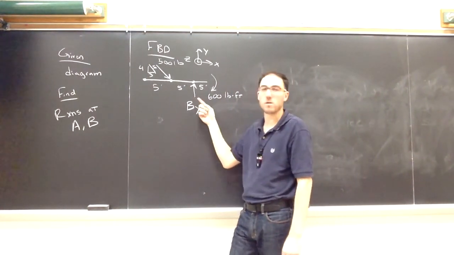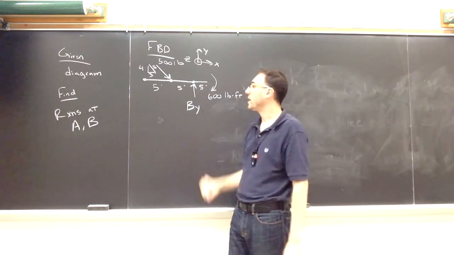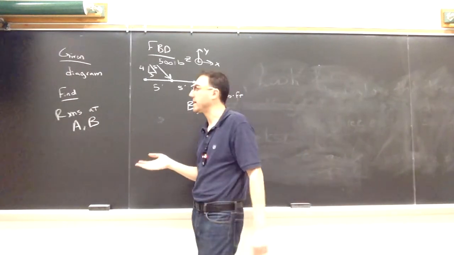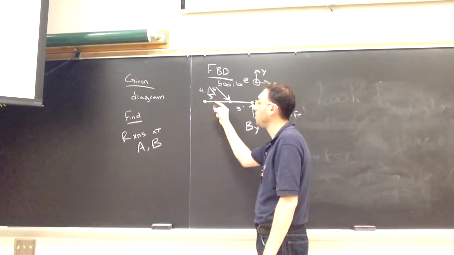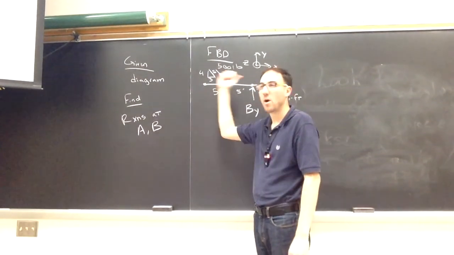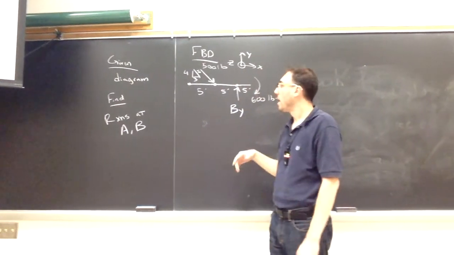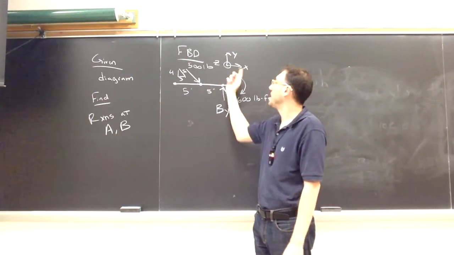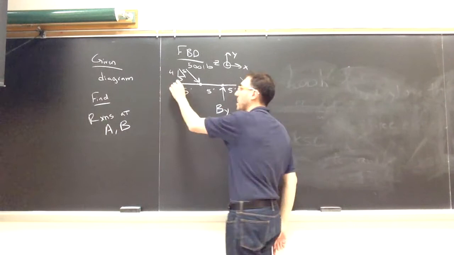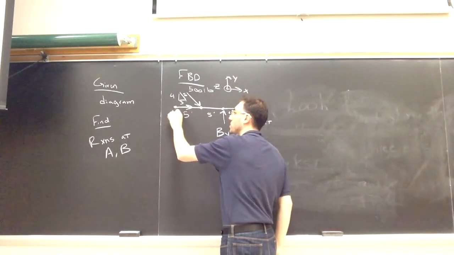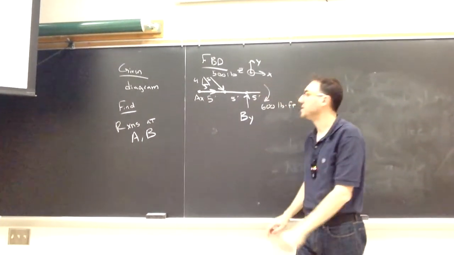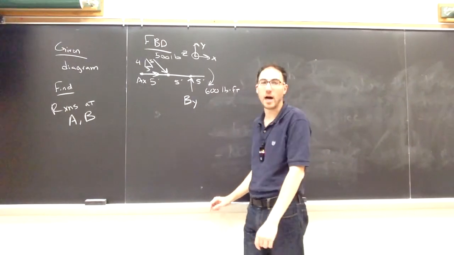So it's not like the roller where we know it can only push. Here, it can't move left nor can it move right. So I could put a force pointing left or a force pointing to the right, and either one would be okay. But when I don't know its direction, I tend to just assume the positive direction. So I'm going to assume it's pointing to the right, and then I'll let the math say if that's right or not.